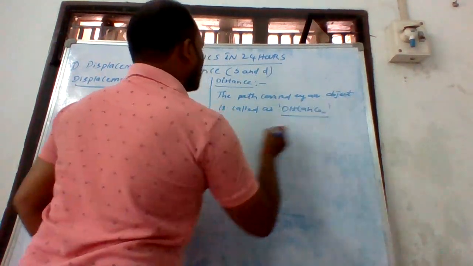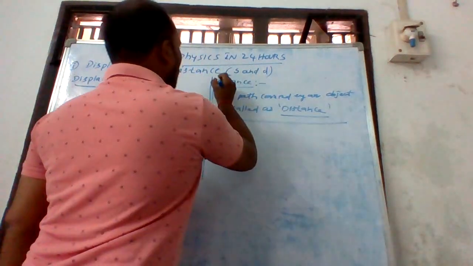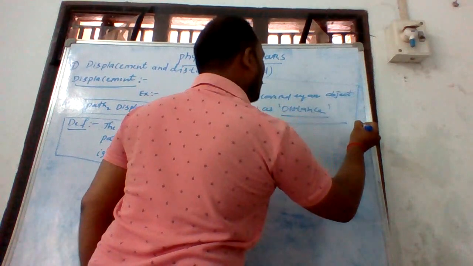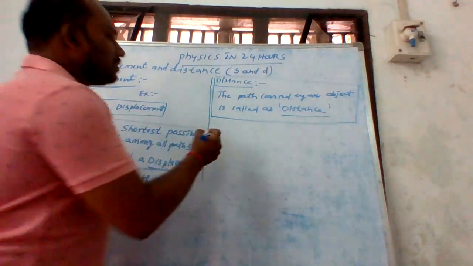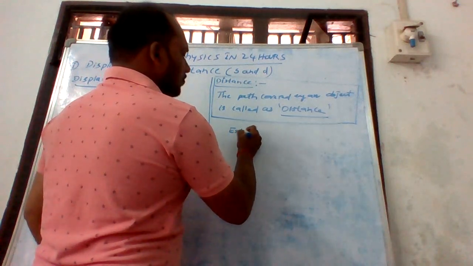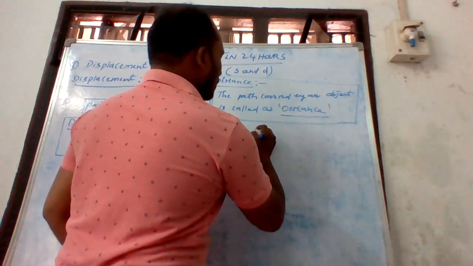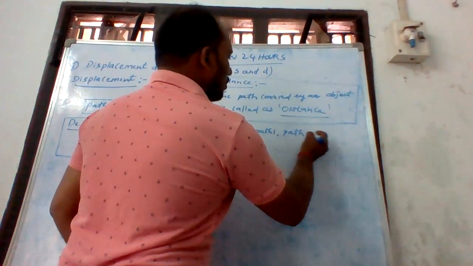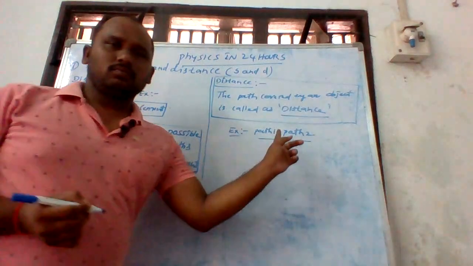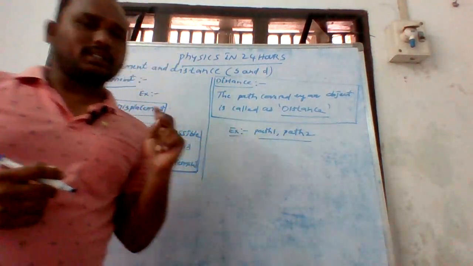So this is the definition for distance. Now what is the example? Let us say path 1 and path 2. Path 1 and path 2 are the examples for distance.